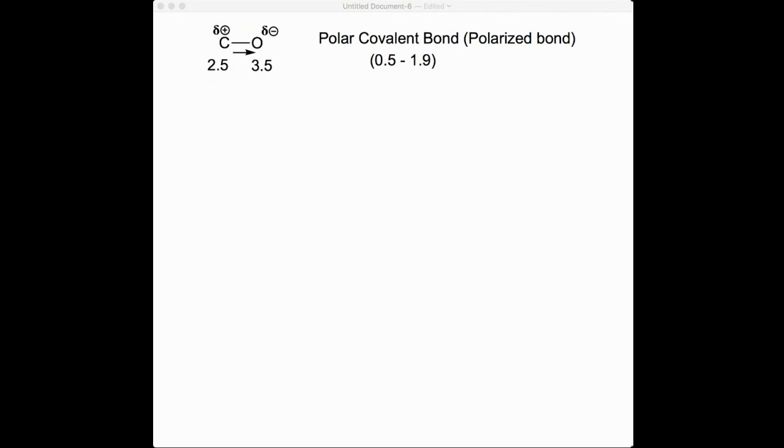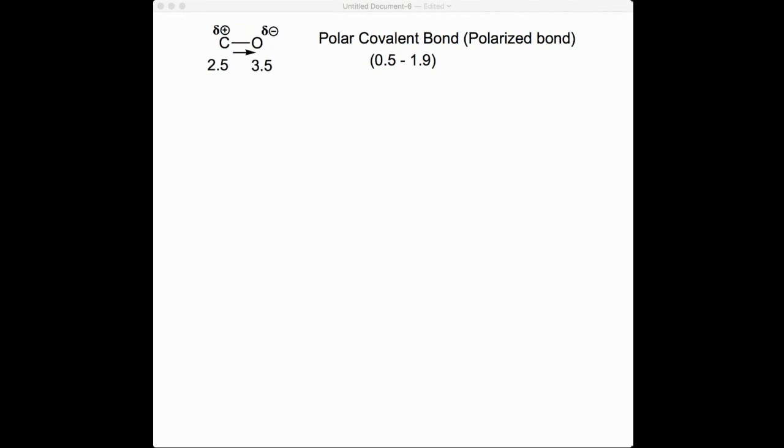The electrons of this bonding will be closer to the most electronegative atom, to the highest electronegative atom, in this case oxygen. And that is going to create a fraction of negative charge over that atom, and obviously a fraction of positive charge over the atom which is less electronegative.